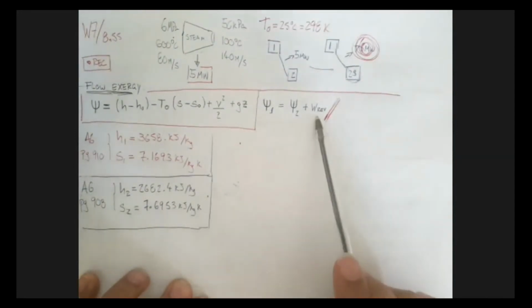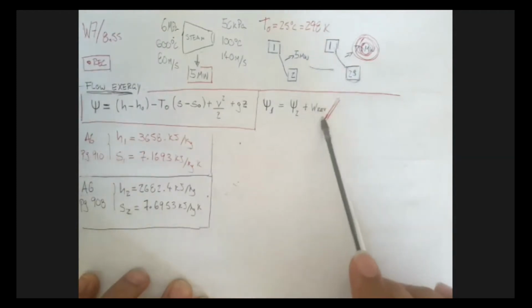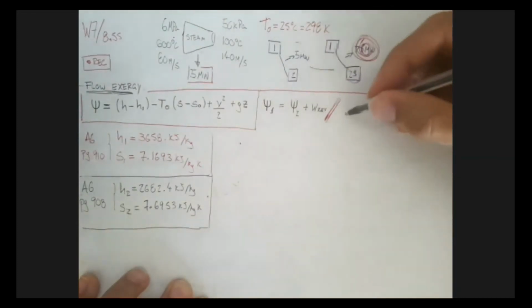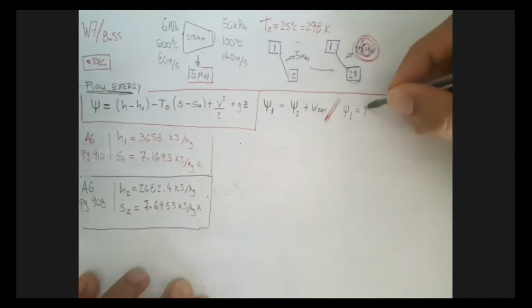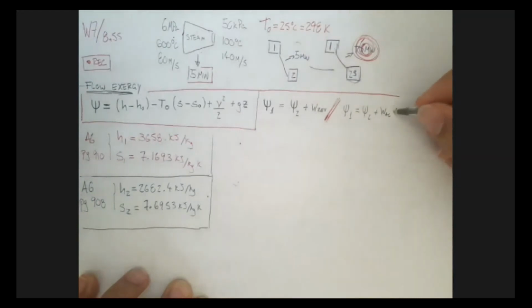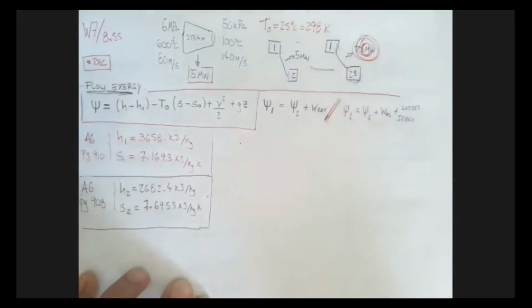This is only valid if we take into account the reversible work that's being outputted. Because if we were to look at this and use this 5 megawatt that is the actual work, we would have to write it like this: exergy 1 equals exergy 2 plus the 5 megawatt, the actual work, plus any losses due to irreversibilities.